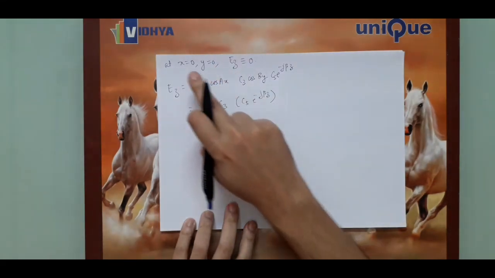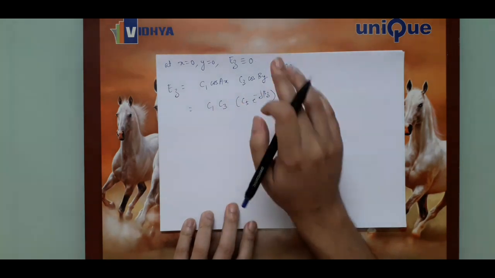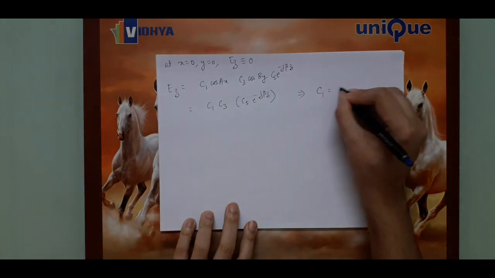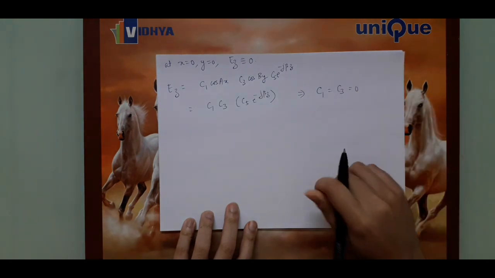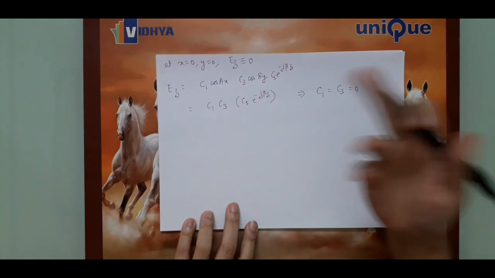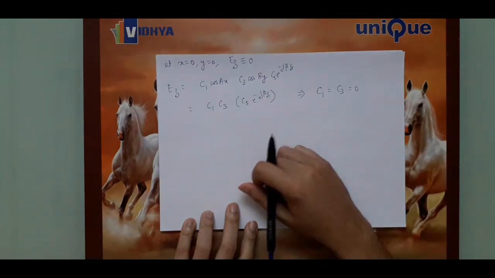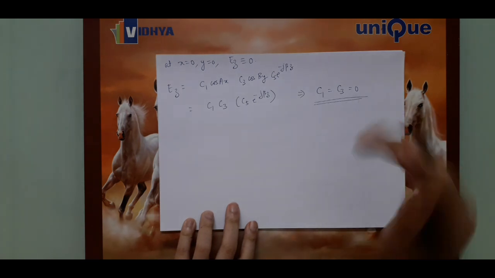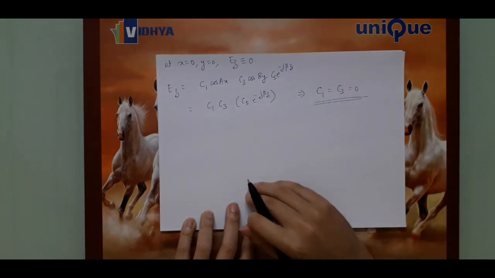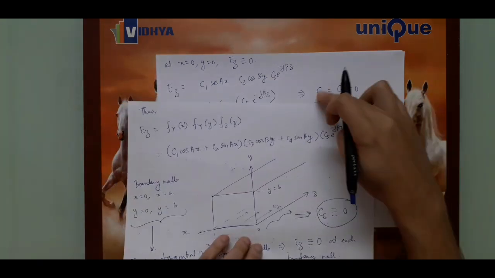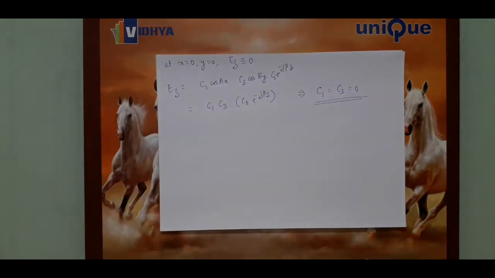So what I need is at x equal to 0, y equal to 0, this Ez term must be 0. So this can only be satisfied when C1 equals C3 equals 0. C5 cannot be made 0 because otherwise the whole wave will die down, and that is what we don't want. So therefore C1 is equal to C3 is equal to 0. This is necessary. So therefore in two shots we have eliminated C1, C3 and C6.